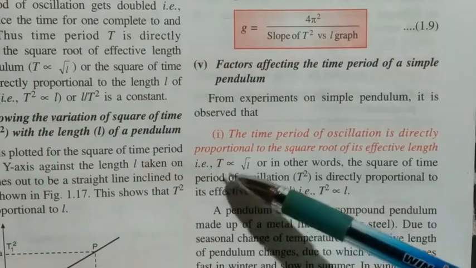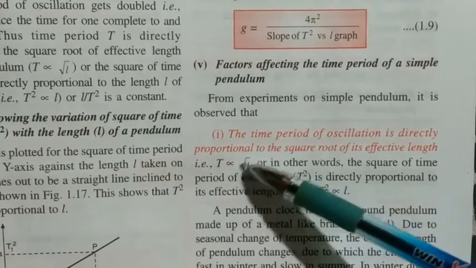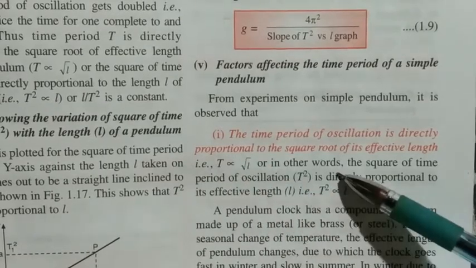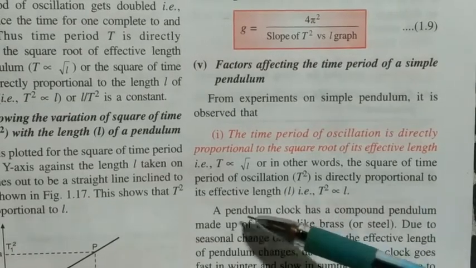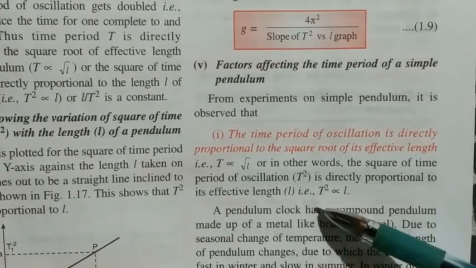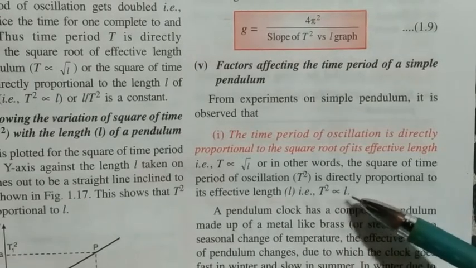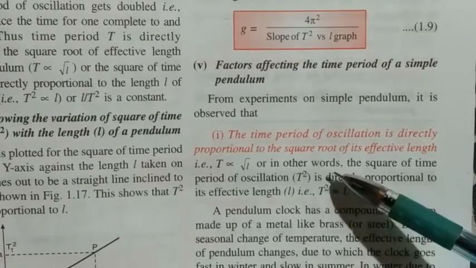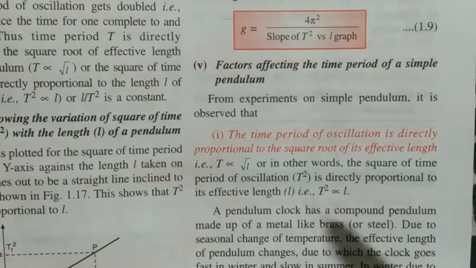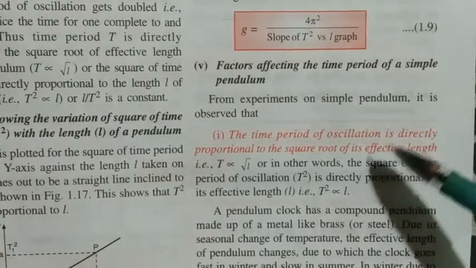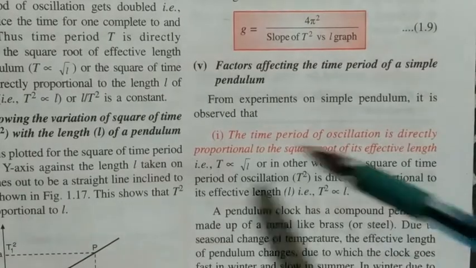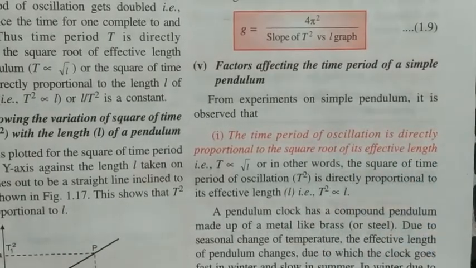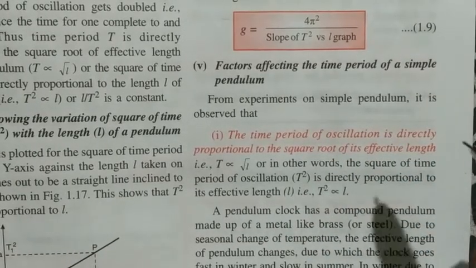That is, T is directly proportional to under root L, or in other words, the square of time period of oscillation is directly proportional to the effective length L. That is, T square is directly proportional to L. It means that if the length of the simple pendulum is increased, in that case the time period of the simple pendulum will also increase.